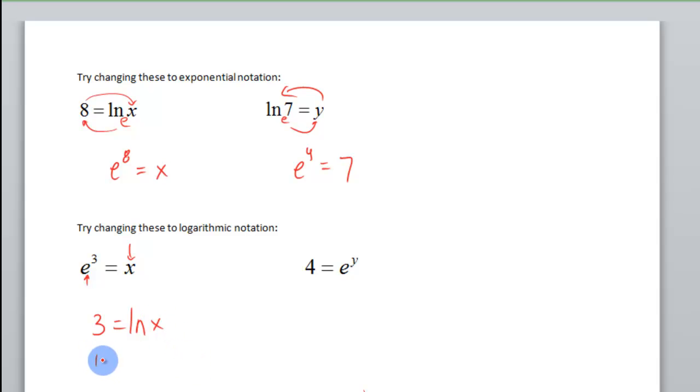So ln of x equals 3. And just check it. E to the 3rd equals x. Yep. Here, the base, or sorry, the base e. Natural log. What does it produce? Exponent. What's the input? 4. E raised to the y is 4. Correct.